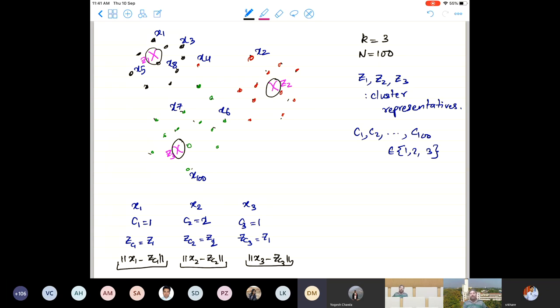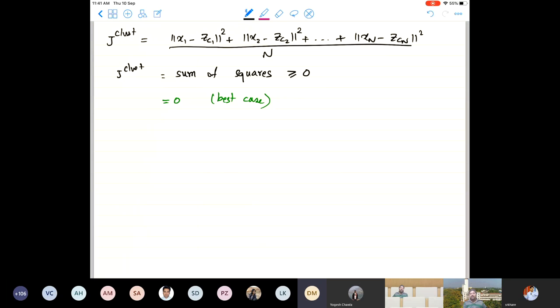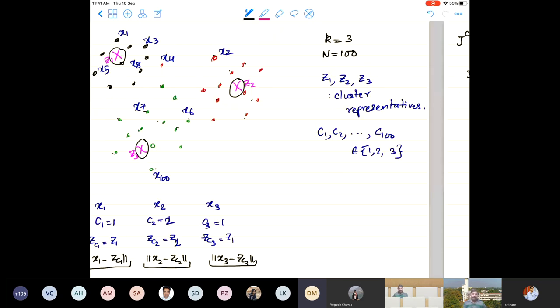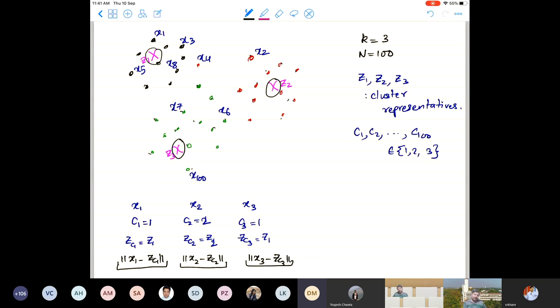And if that happens, then the cluster objective J clust will have all these values equal to 0 plus 0 plus 0 plus 0 plus 0 divided by n, which is equal to 0. The best possible scenario. But what it means is that these black dots coincide with the cross. That means x1 is the same as x4, is the same as x5, x3 is the same as x8.